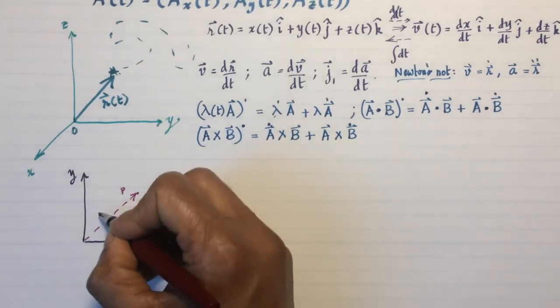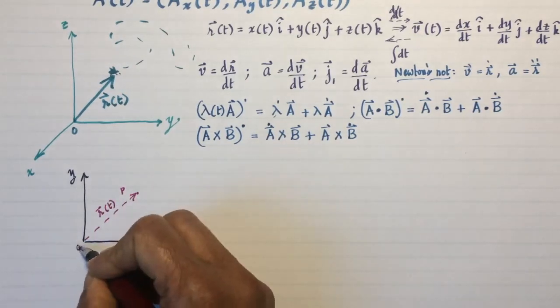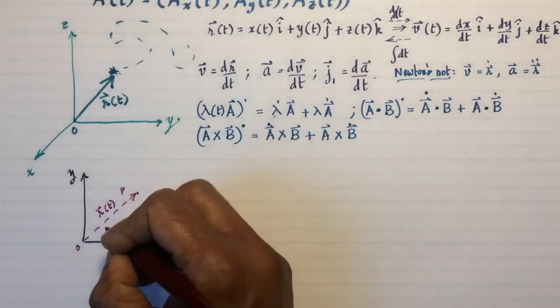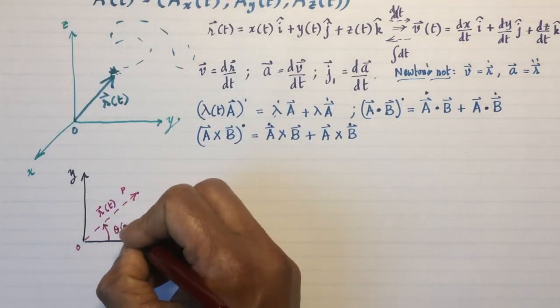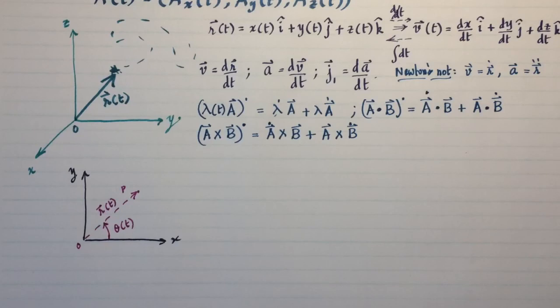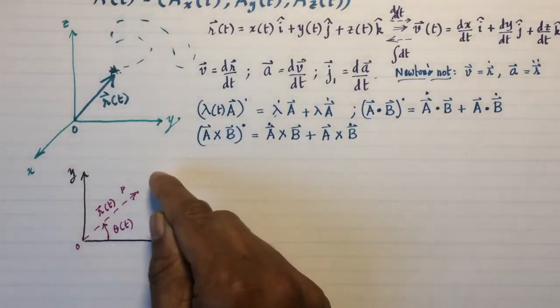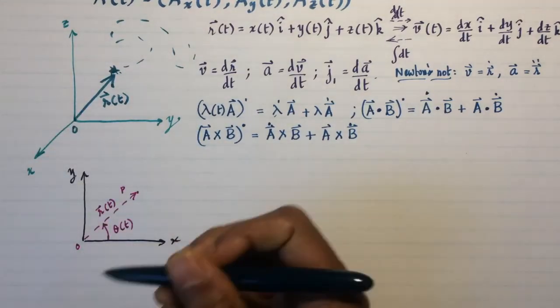The position vector r of t fully describes how far it is from the origin, and then the angle theta of t fully describes exactly where it's located counterclockwise from the positive x-axis. Now, the only problem with this coordinate system is that the unit vectors travel with the particle.